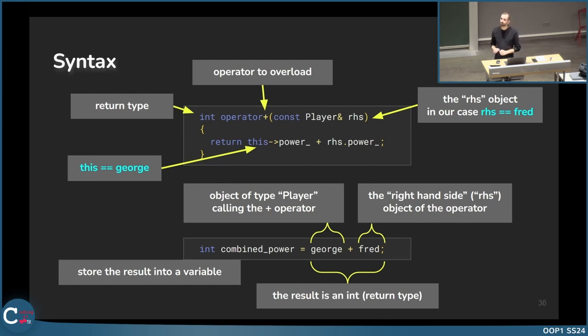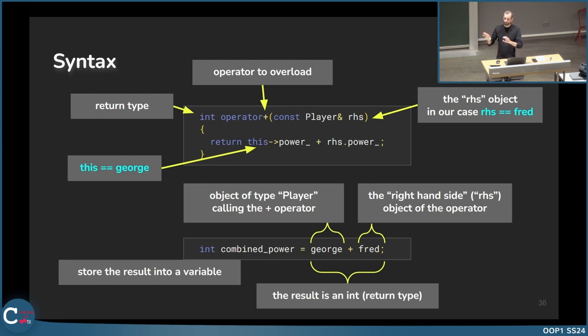Yes? You also said we could chain it, and then we would have to override how an integer interacts with a player. But wouldn't that be changing how the operator plus works for an integer, or is that still allowed? It depends. You cannot modify the integer operator on the left side, but you can modify the player operator on the left side plus an integer.